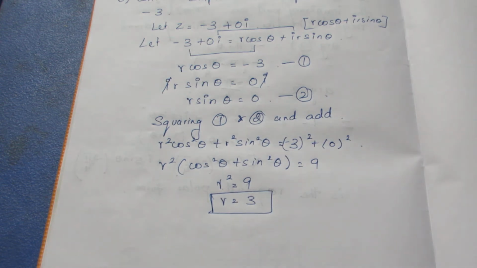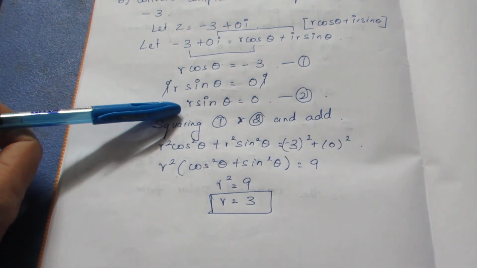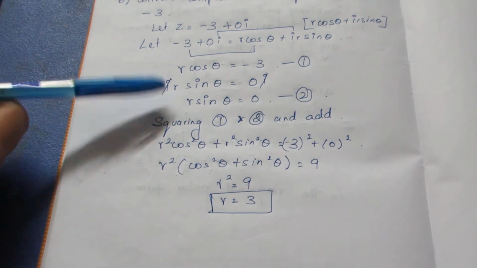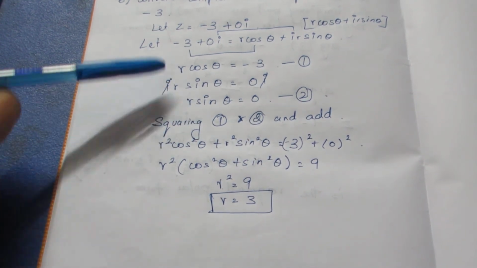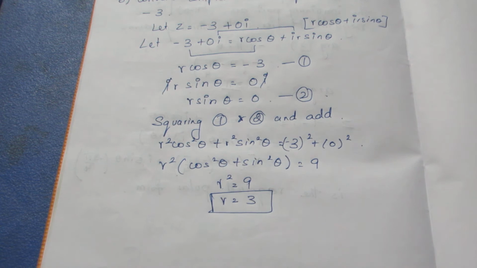Now we found r, we need to find the theta value. For that we know the formula tan theta equal to modulus of b by a. I want tan theta, but here there is no tan theta. For that I am going to divide the second equation by the first equation, because here it becomes sin by cos, so that we can write sin by cos as tan theta.